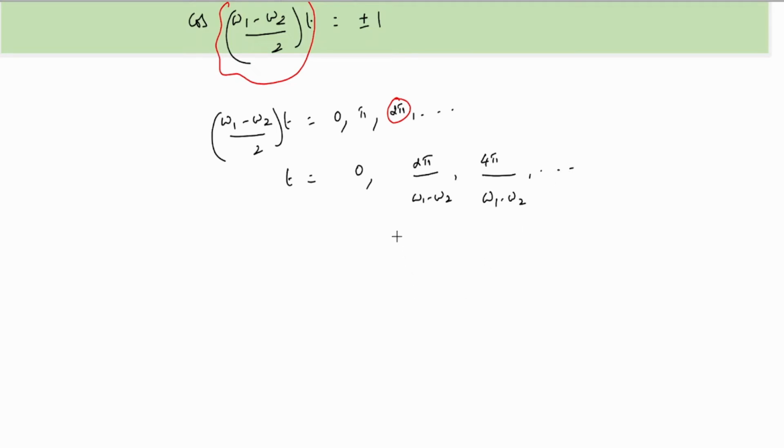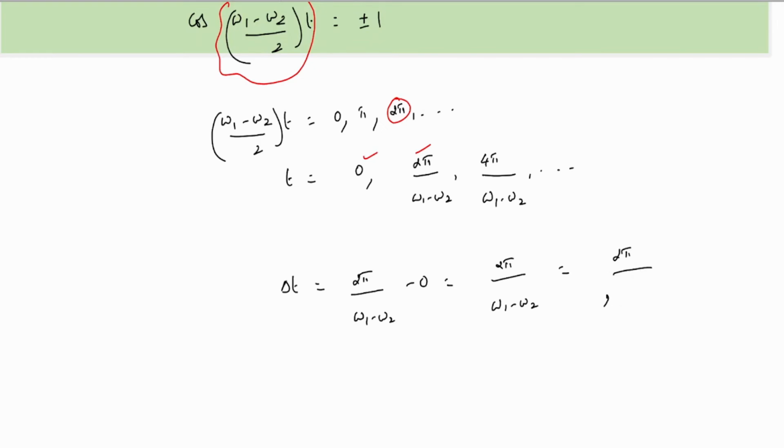Let us find the difference between any two time intervals. So here we'll find the difference between these time intervals. That time interval is called the beat period, which you call delta t. Delta t would be 2 pi by omega 1 minus omega 2 minus 0, which is 2 pi by omega 1 minus omega 2.